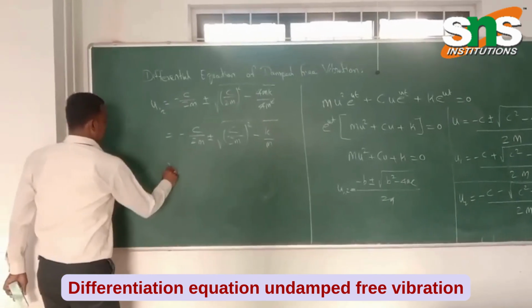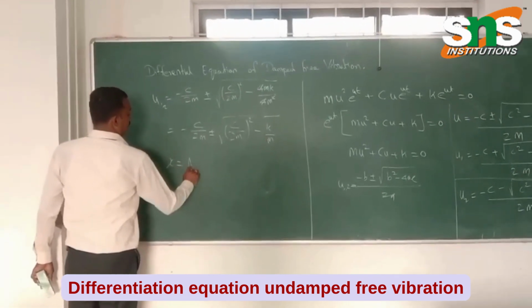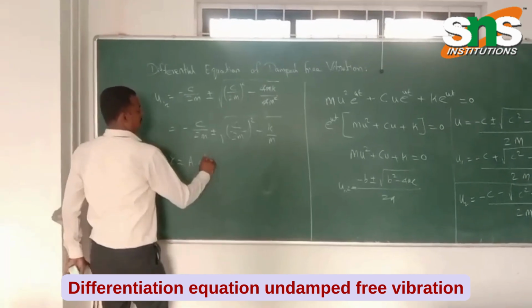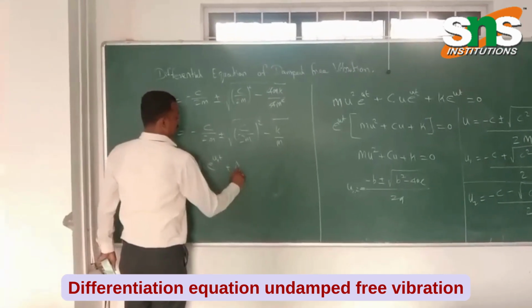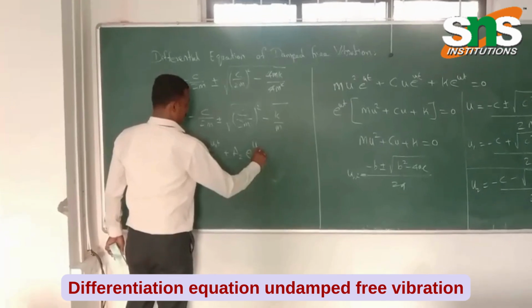So we can write x equal to a1 e power u1 t plus a2 e power u2 t.